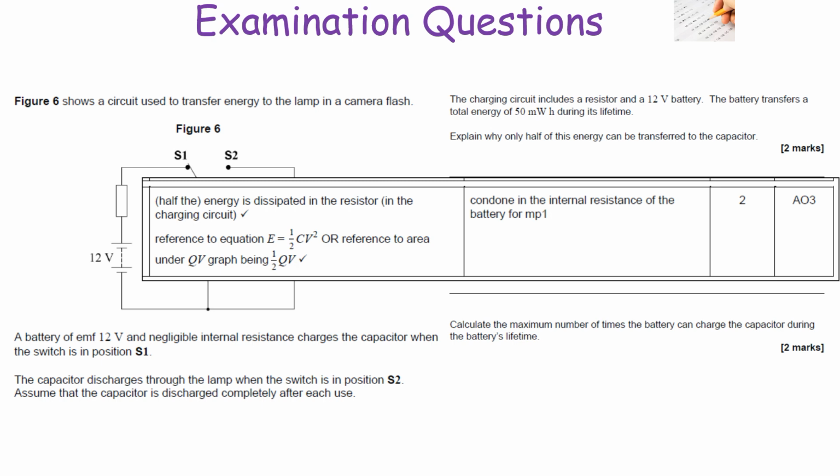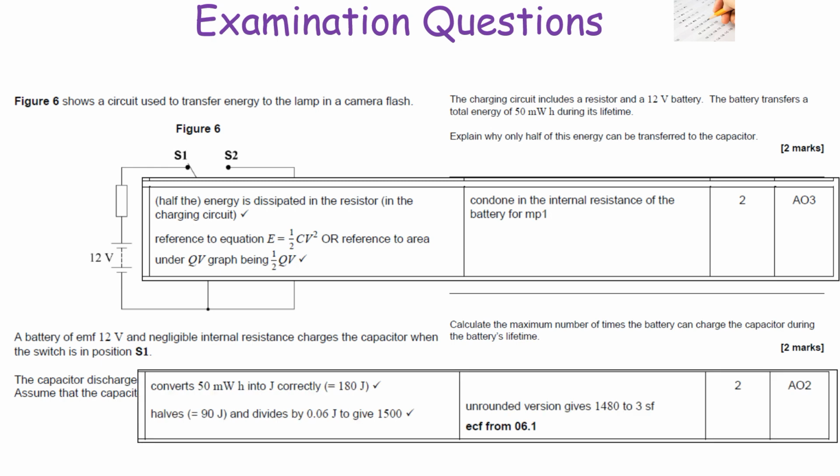The first thing you've got to do is you've been given an energy but not in joules. So you're going to have to convert 50 milliwatt hours into joules. If you think about the units, energy is power times time. Your power is given in milliwatts and your time is given in hours.